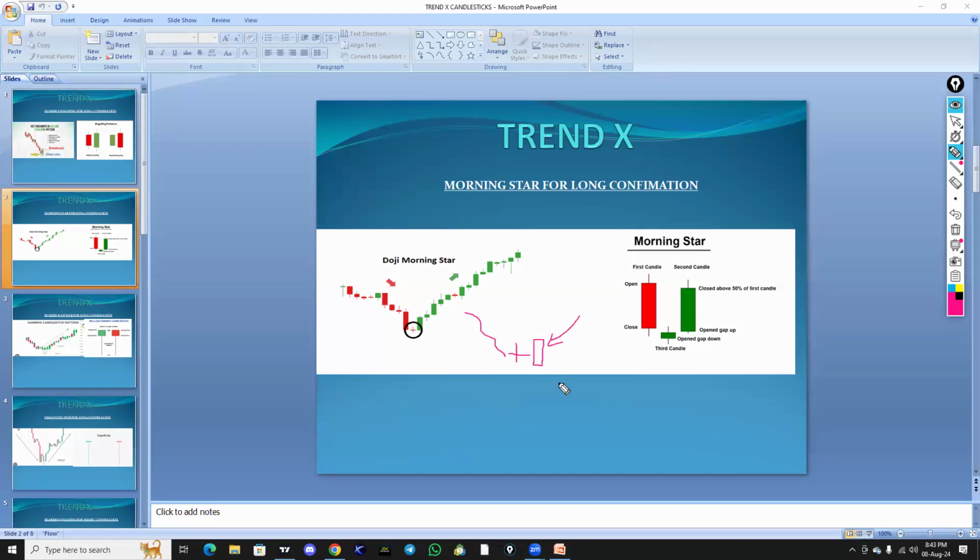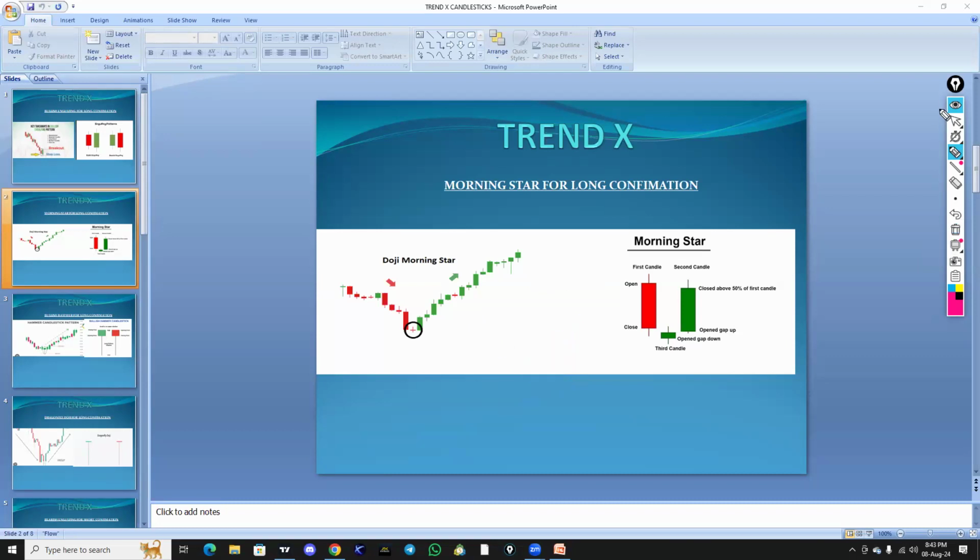Once the green candle closes, then we take our trade. Stop loss will be below this candle. If the support is very near, then we keep our stop loss below the support. Our target will be the daily trend X. The first target will always be the daily trend X.